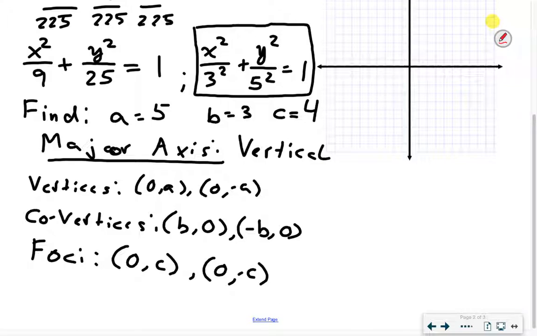And now it's just substitution. What did I say my A value was? Well, it was 5. So the vertices are going to be the ordered pairs (0, 5) and (0, -5). What's my co-vertices going to be?